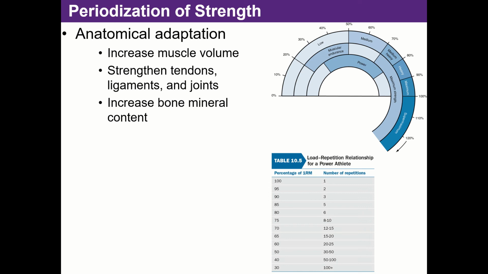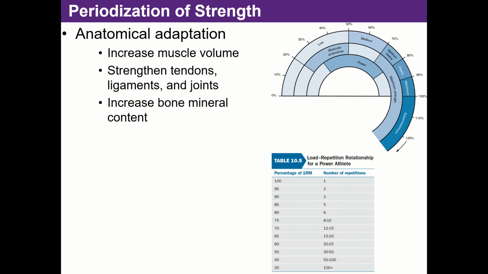So that increases the volume of the cell, but most of that volume increase comes from additional fluid. And then as we lift heavier, so as we move from sets of things like 12 with 70% of a 1 rep max down to sets of 5, now that higher intensity is a greater stimulus for adding the actin and myosin. And we're recruiting a lot of the 2X fibers as well.